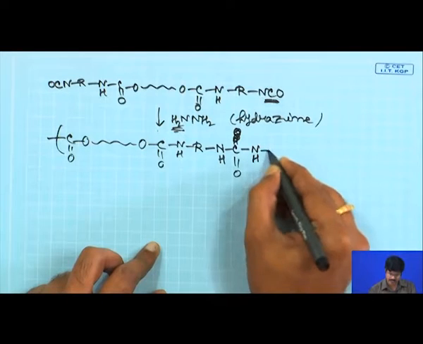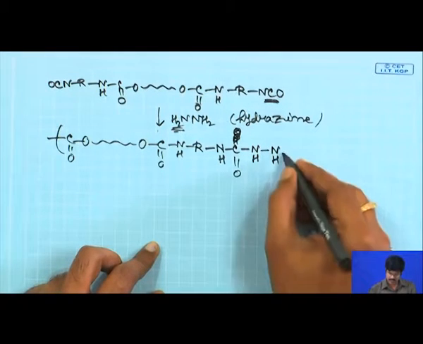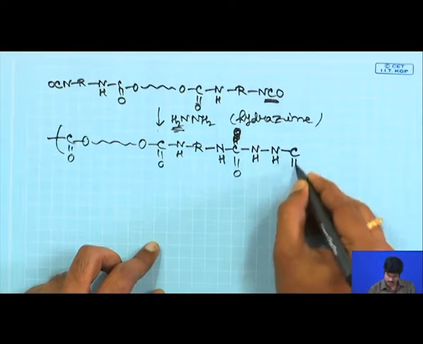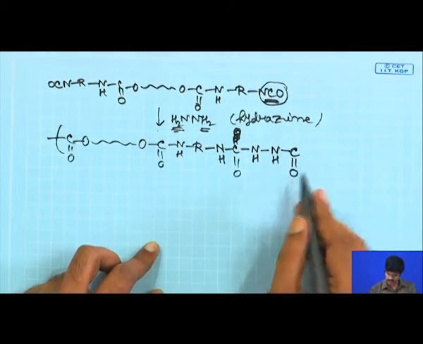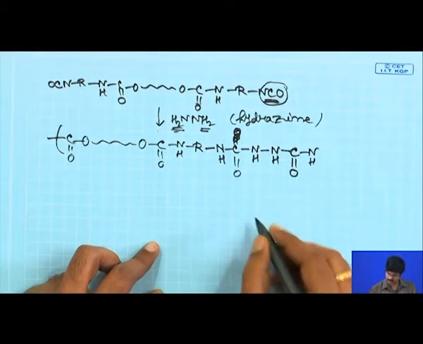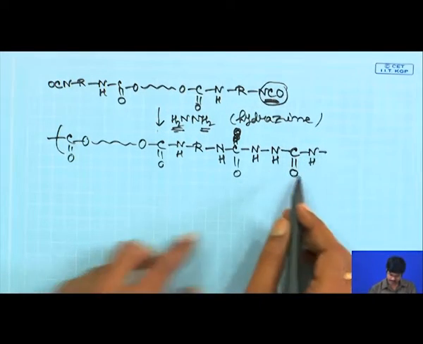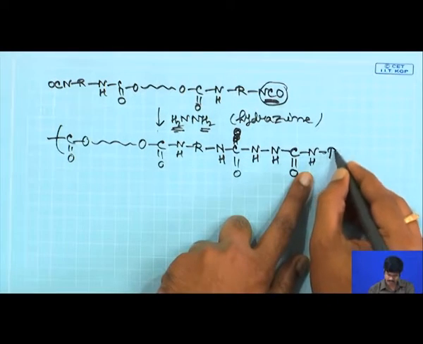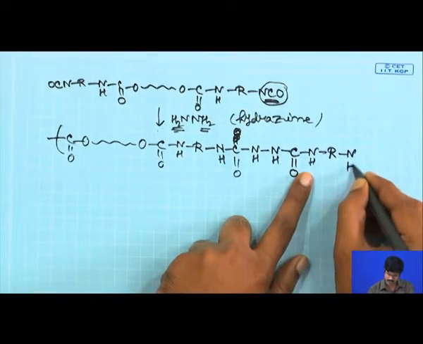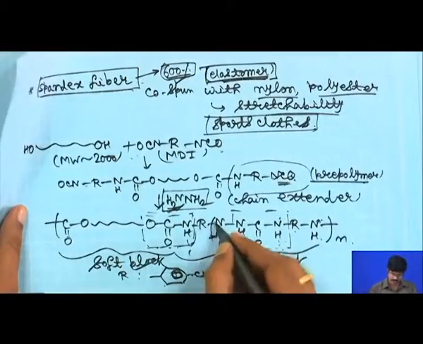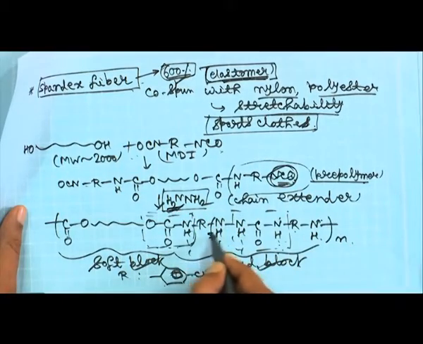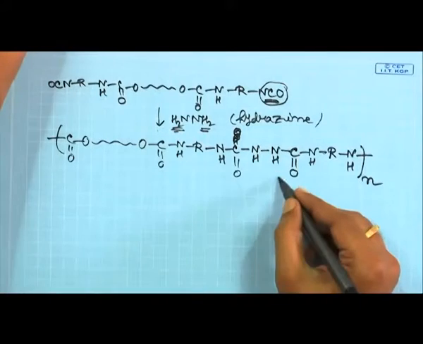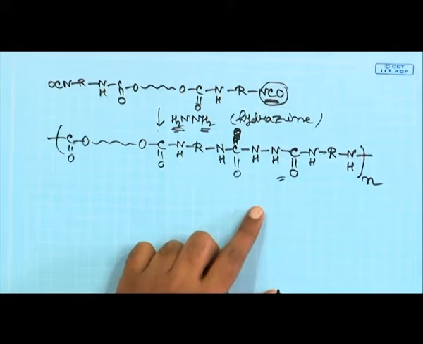So, this will be NH, and then again you have to react on this side the amine with an isocyanate. So, then again it will be NH, all right, and then you are drawing up the rest of the molecule R, NH, N. So, this structure is correct. Actually, the reaction of isocyanate with the amine, that particular part was not drawn here. So, this structure is your correct structure.